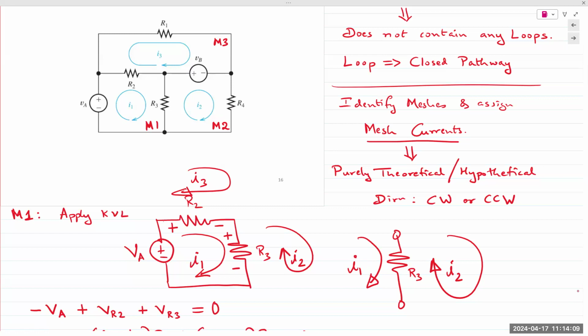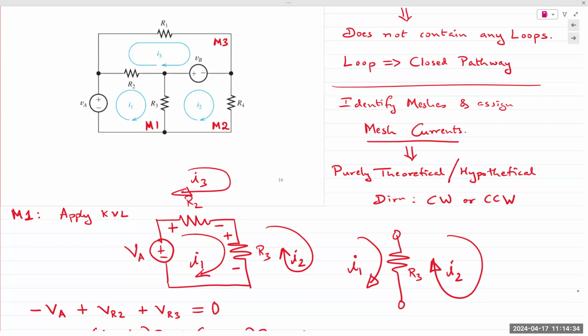You apply KVL with the technique that you're comfortable with. You do not have to do this. Typically, what you might be comfortable with would be VA minus VR2 minus VR3. The equation is still the same. That doesn't change. Anyway, so you have minus VA plus VR2 plus VR3 equals 0.